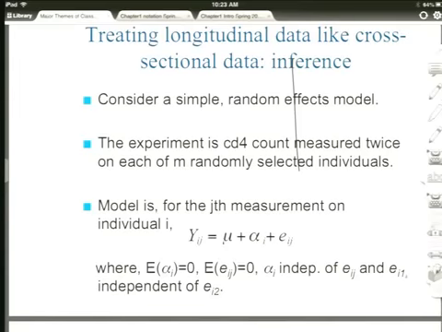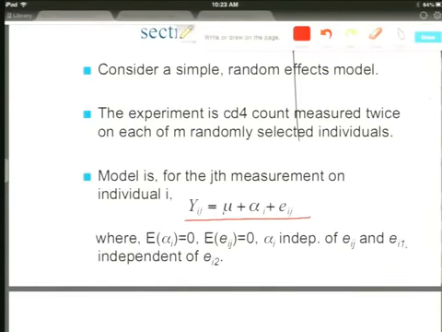So I'm just trying to model repeated measures on, let's say, CD4 count. As I say here, I have m randomly selected individuals. So I have a large target population of people. I take a sample size of m people, and then I follow them over time. And then I get maybe a few measurements on them, and I have this model.